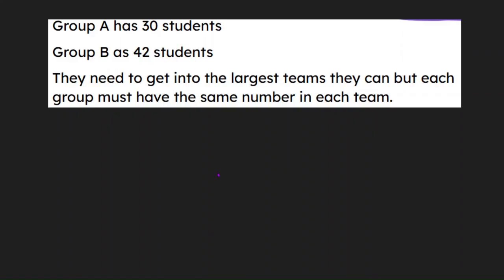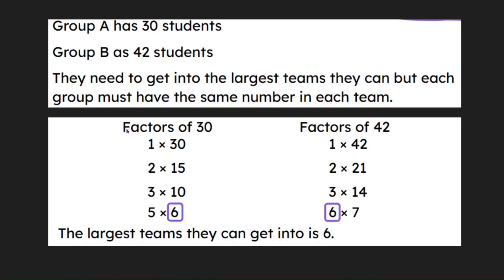Okay, so let's take a look at this. We can factor 30 and 42, right? So if we go through the factors, we have 1 and 30, 2 and 15, 3 and 10, 5 and 6 for 30, and for 42, 42's factors are 1 and 42, 2 and 21, 3 and 14, and 6 and 7, right?